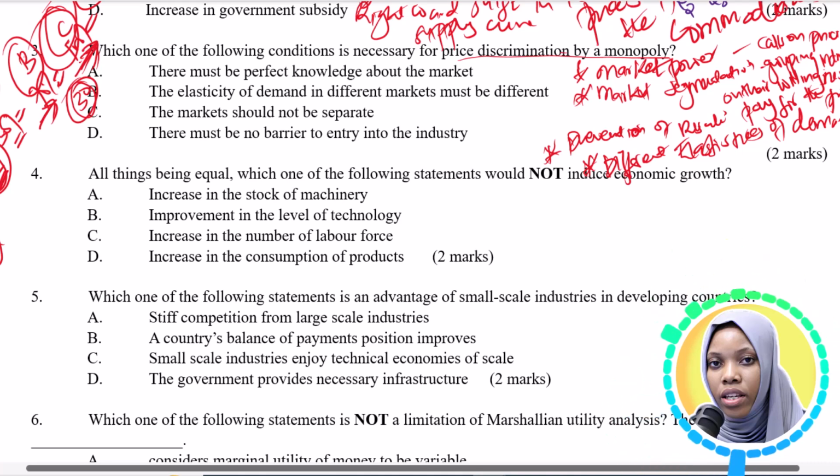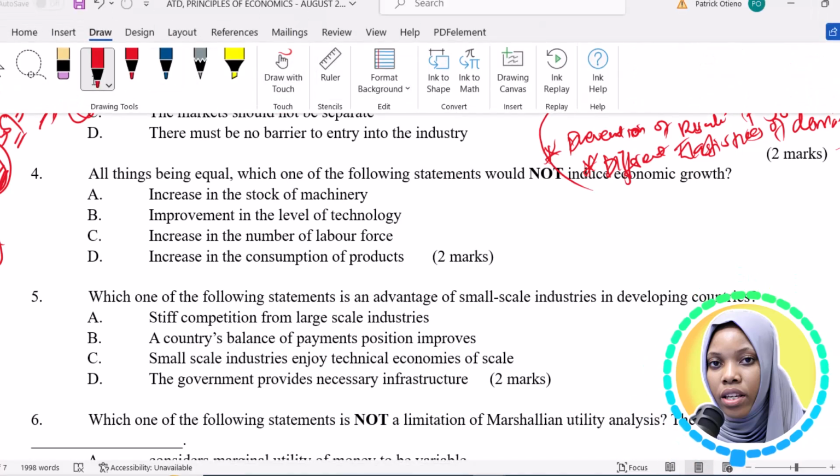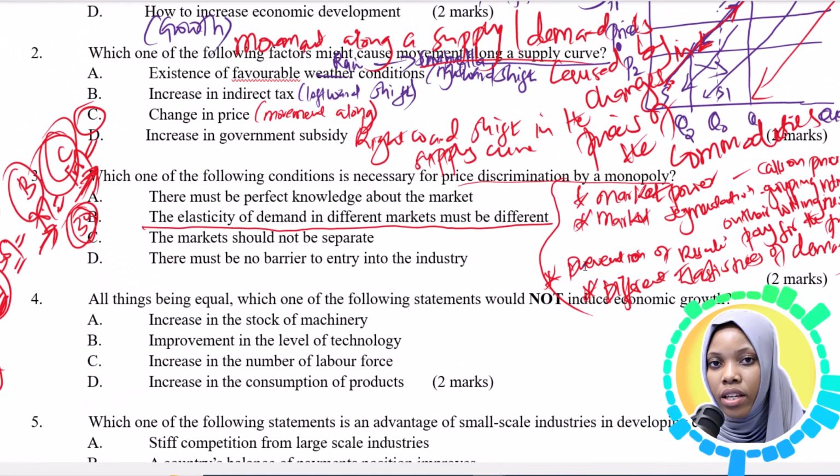So among our 4 conditions, the only condition that the examiner has provided us with is the elasticity of demand in different markets must be different. So our choice is choice B.